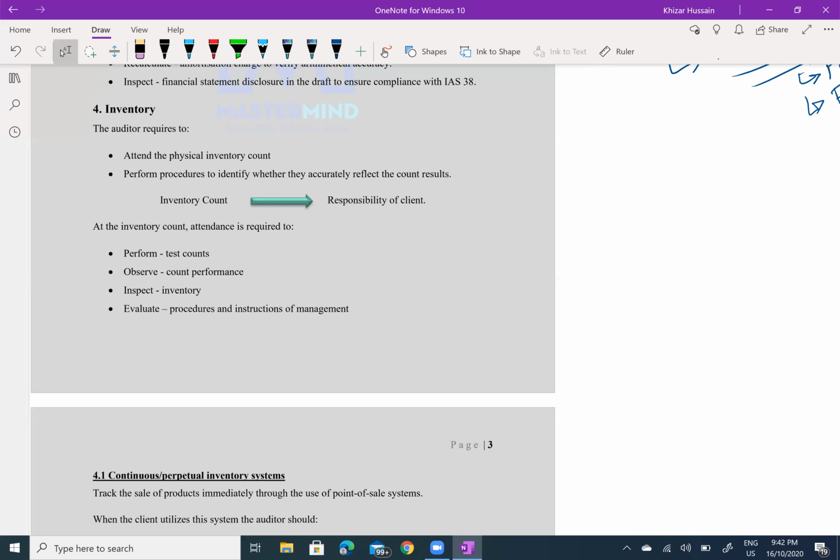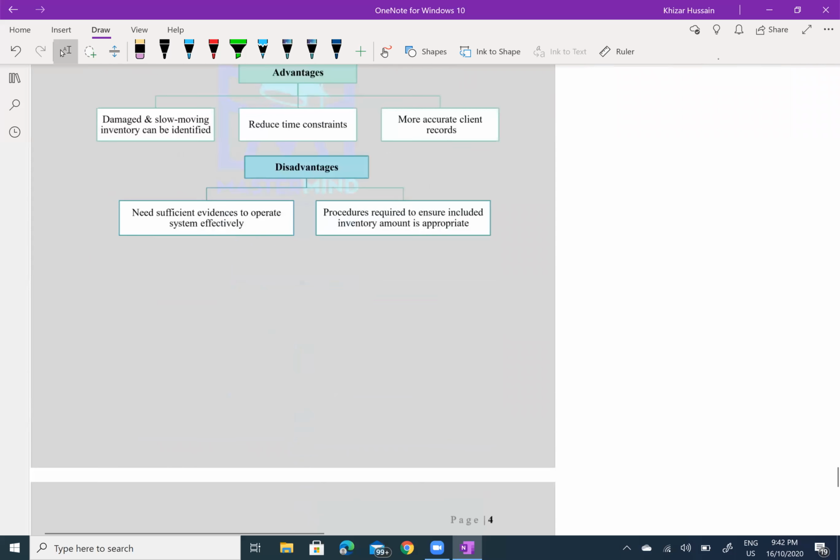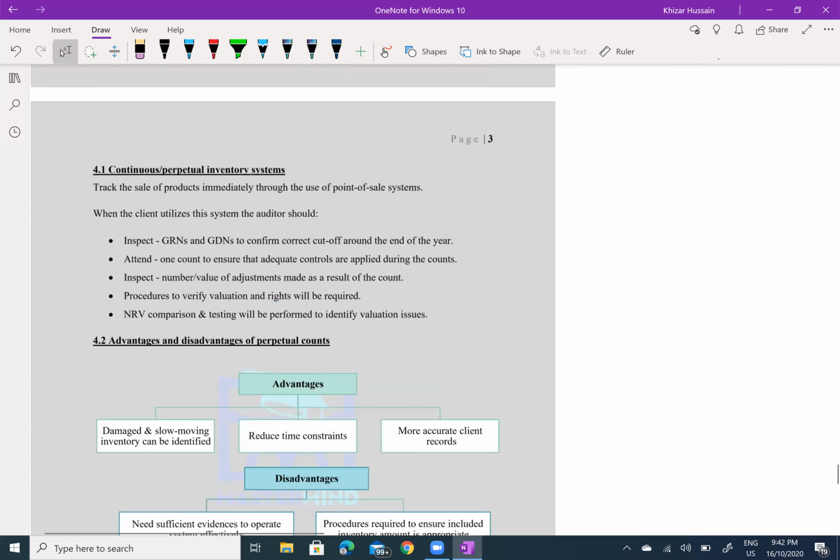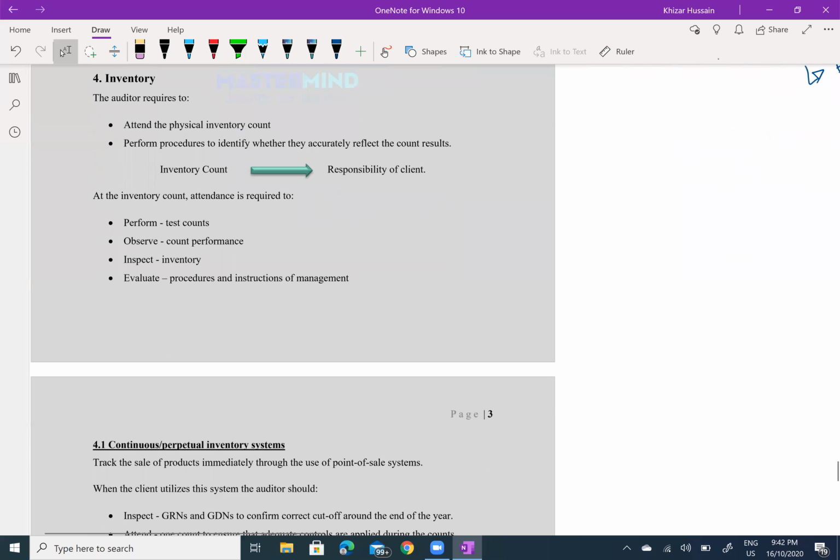Okay, what you have to understand is that when we talk about inventories, this part is all theoretical, right? But remember one thing, and not just inventories, anything: what is the balance, or what is the transaction, made of? That is what you have to verify. So let's say in inventory you have cost and you have NRV.